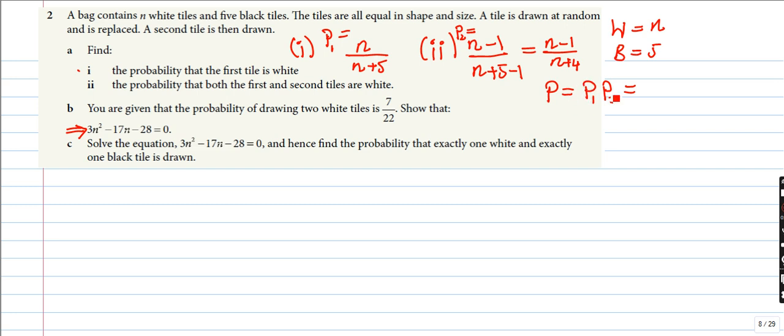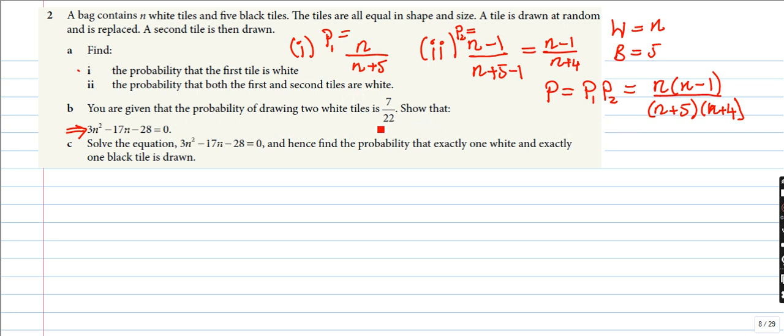So this is the first being white and this is the second being white, and you just multiply out these two expressions. So it's n into n minus 1 divided by n plus 5 multiplied by n plus 4. So this is the probability of both the first and the second being white.